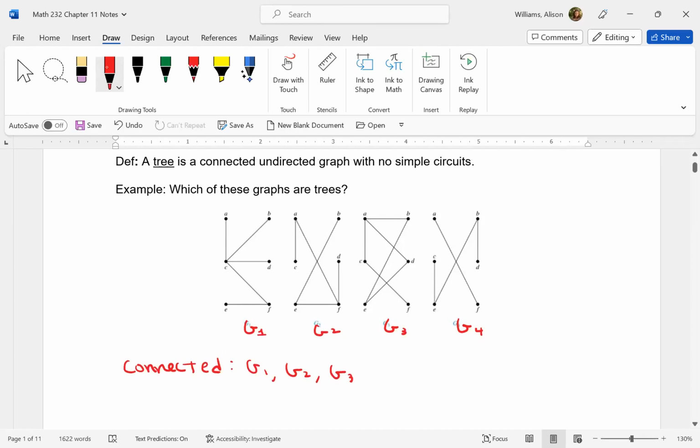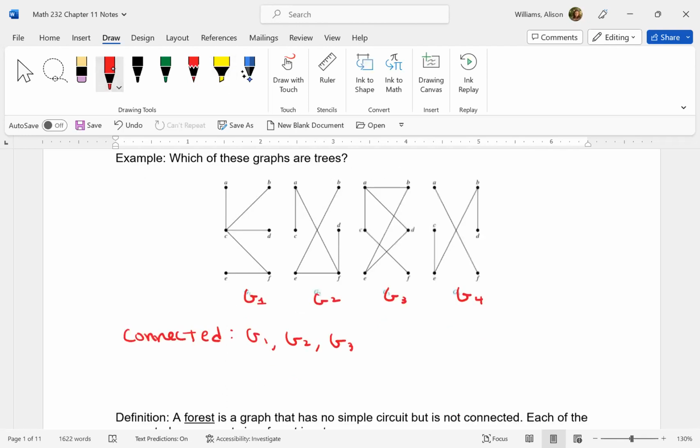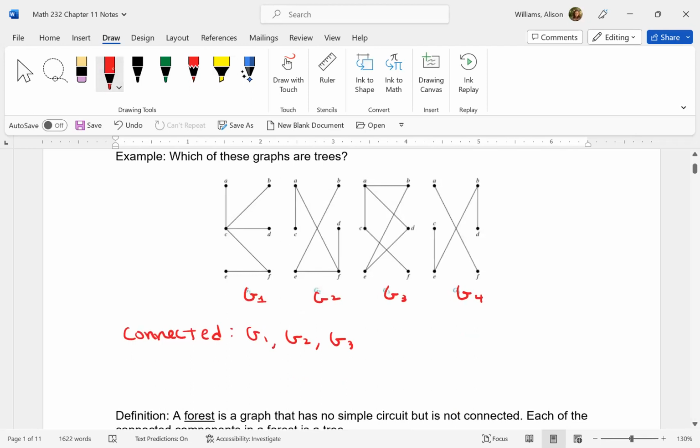And the one I'm actually most interested in is G3. So let's look at this particular circuit here. I'm going to write it out and then we'll map it. So on G3, if I go from E to B to A, D, back to E, that's a simple circuit.